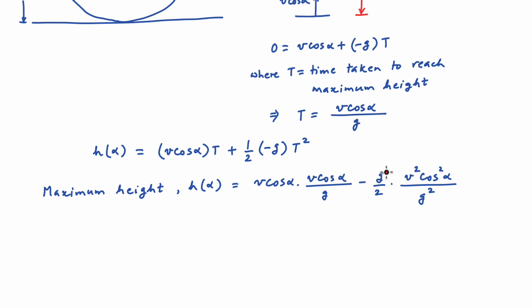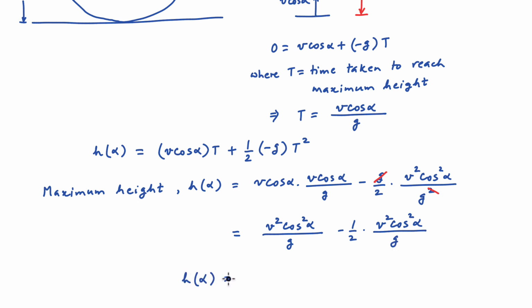In the second term, g cancels across the numerator and the denominator, and we get v square cos square alpha upon g minus half of v square cos square alpha upon g. The second term is merely half of the first term.